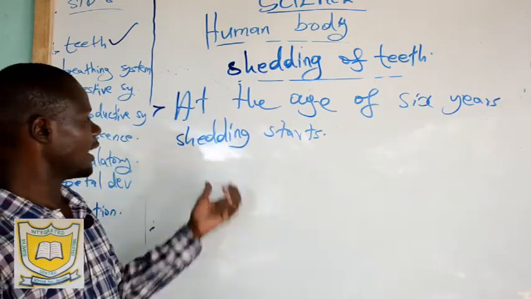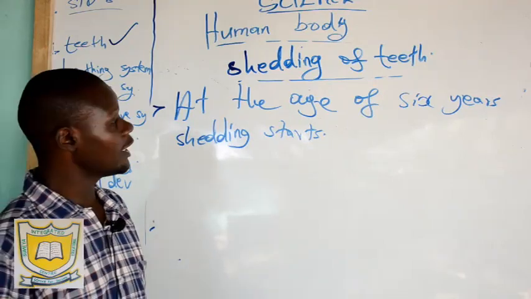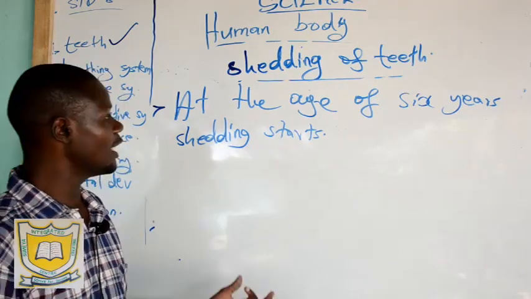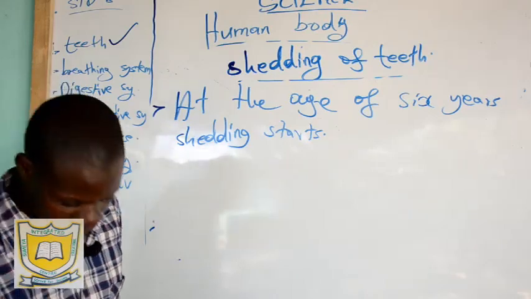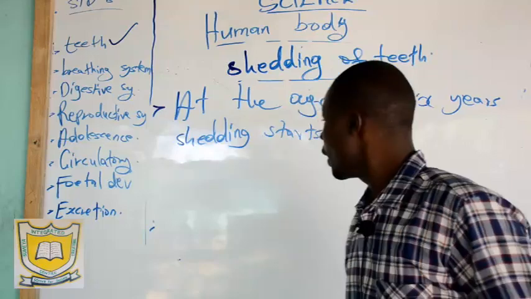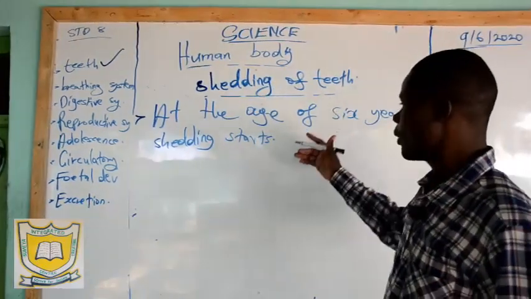But if you lose the secondary type of teeth externally, maybe in an accident, the other one will not grow.